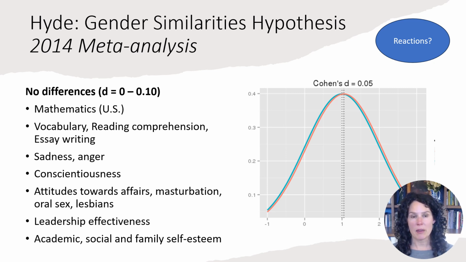She calculated the magnitude of effect, the Cohen's d, for dozens of things. And across her meta-analysis, over 80% of the things that she studied had no difference or what were considered small differences. So we're starting here with no difference.